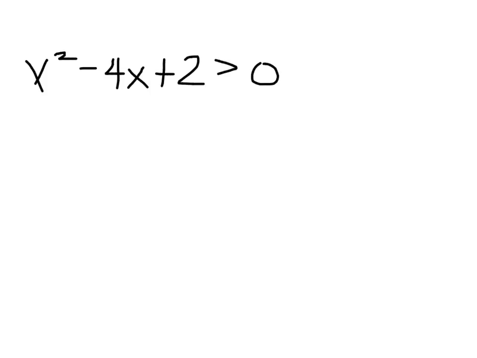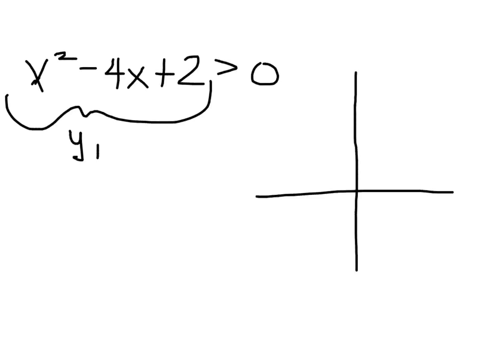And when you use your calculator, what you do is this part here goes into y1. And when you put it in your calculator that way, you get a parabola that looks something similar to this. And that's what you get.